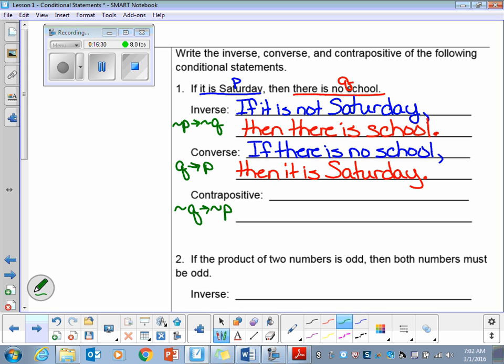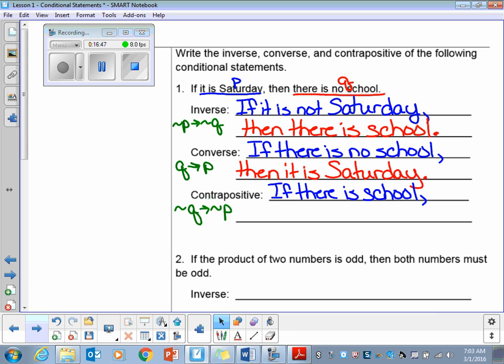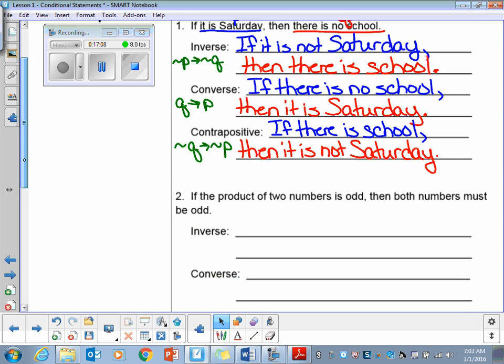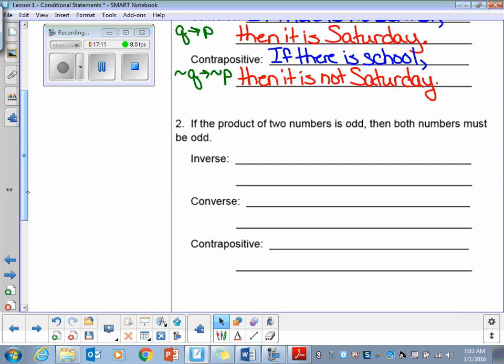So not Q, then not P. So let's see. If there is school, then it is not Saturday. Takes practice to do these. It definitely takes practice.